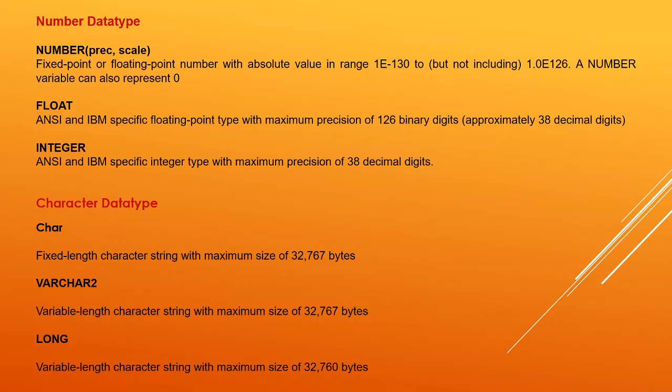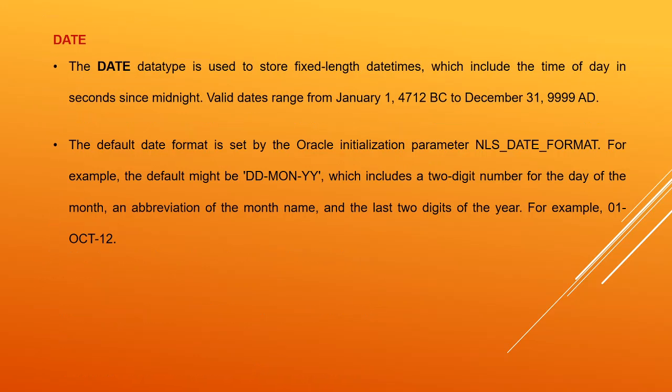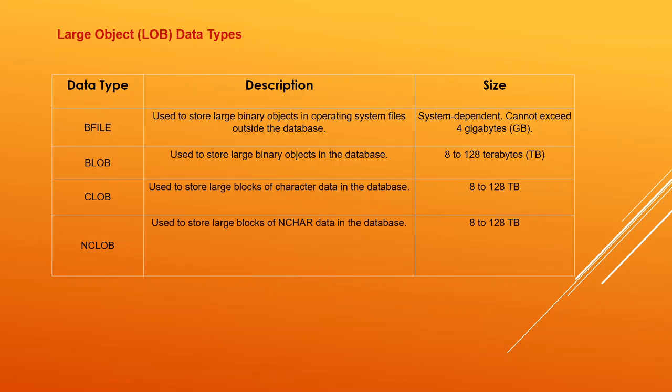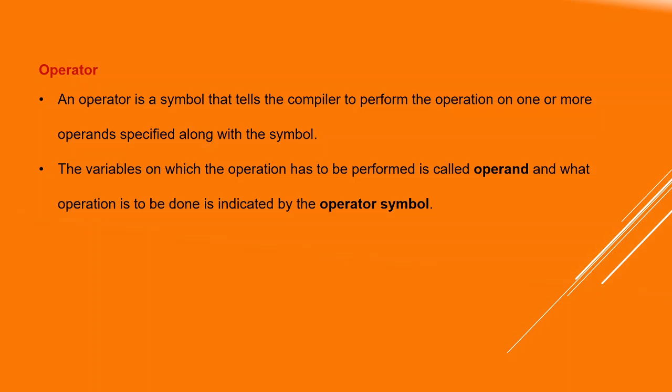All the strings or characters come under the character data type, like char, varchar2, raw, long, and so on. The date data type specifies a date format, and large object is generally used to store large values, values that occupy large space, for example videos and audios. They require large space, so we use large object declaration for such variables.